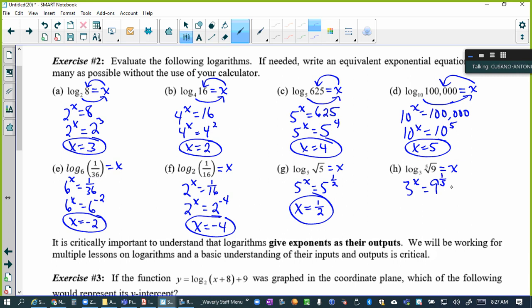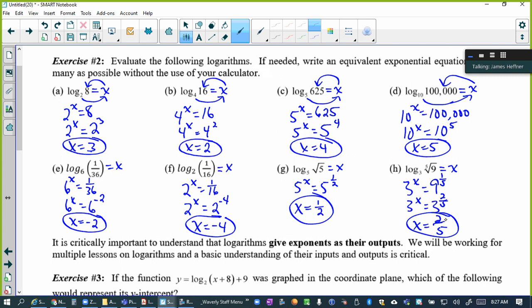Well, we have to find the common base, which would be 3. 9 is 3 squared, but 2 times 1/5 is just 2/5, right? 3 to the 2/5. So x would equal 2/5. Okay? So if they have the radical form, you want to rewrite it in exponential form, all right?